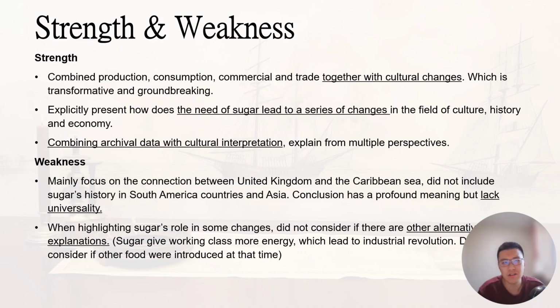And after talking about strengths, now let's talk about the weaknesses of this book. I think there are two weaknesses. The first one is that the book mainly focused on the connection between the United Kingdom and plantations in the Caribbean Sea, which is great, but the book did not include sugar's history in South American or Asian countries, because from what I know, sugar's history and transformation in these two regions are completely different from what happened in Europe.